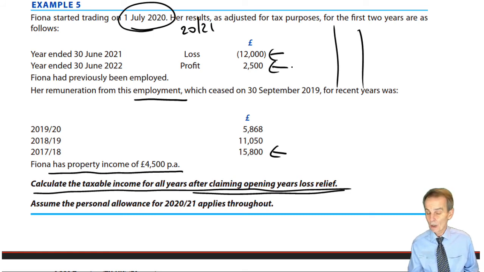So you're going to need a lot of columns for a lot of tax years. Take the information from the question, put it in your answer. You have to work out what lies behind the nil assessment in the first tax year, and then separately determine what loss or profit arises in relation to the second tax year.